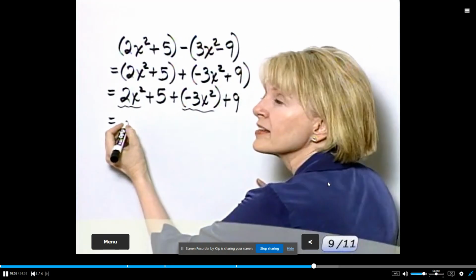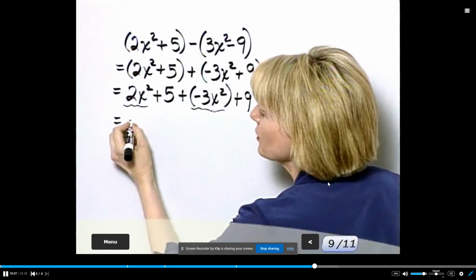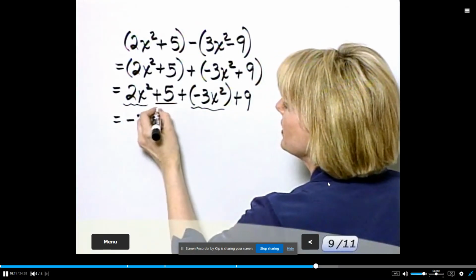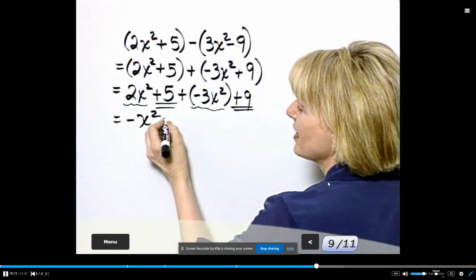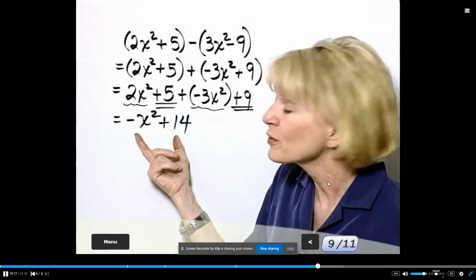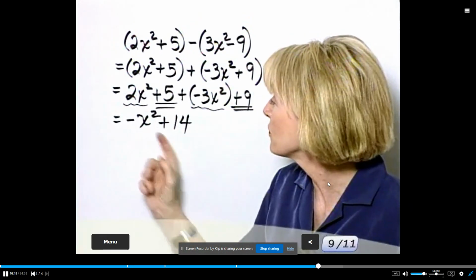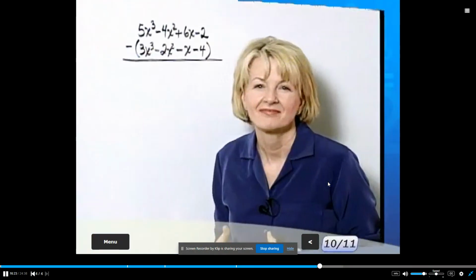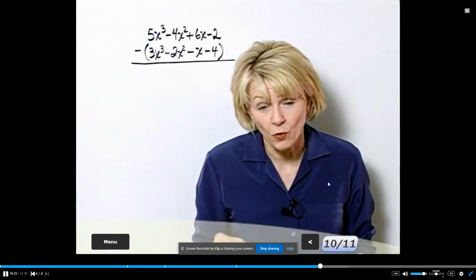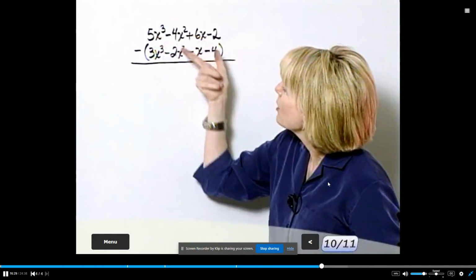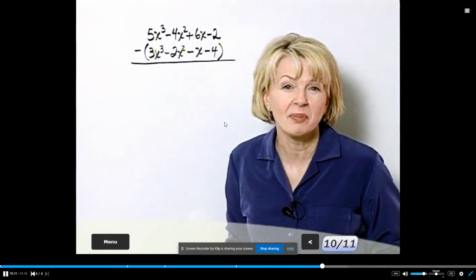So I can write it as negative 1x squared or simply negative x squared. And then I have 5 plus 9, and 9 plus 5 is 14. There is my difference. I can go no further. These are unlike terms. Now let's use a vertical format and subtract polynomials. Here I have the top polynomial minus the second polynomial.